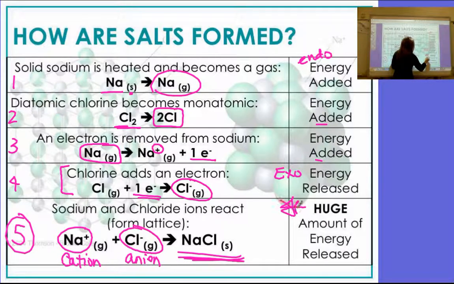A huge amount of energy is released when the sodium cation finally reacts with the chlorine anion. So overall, this whole process is very exothermic, but in order to get to that point, a little bit of energy has to be added in steps 1, 2, and 3.